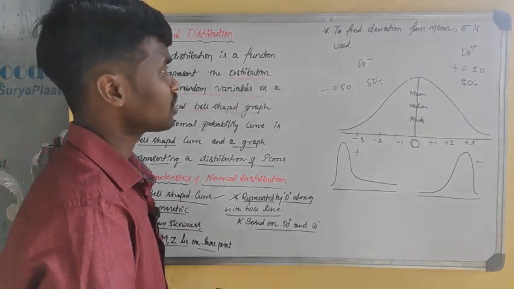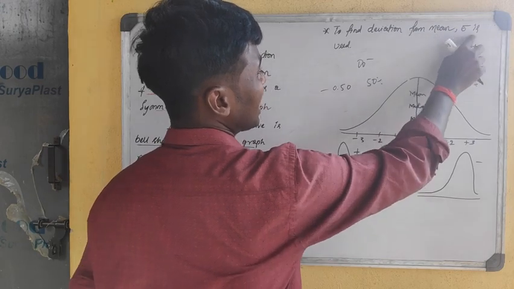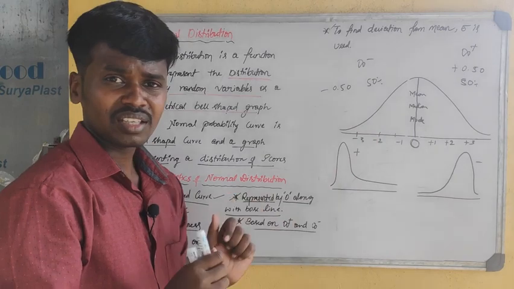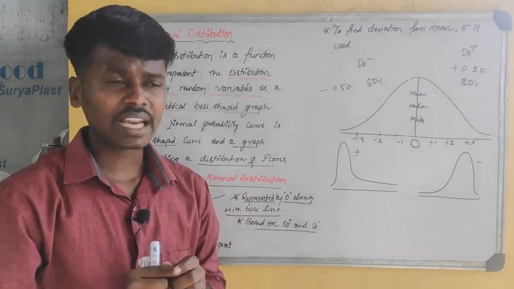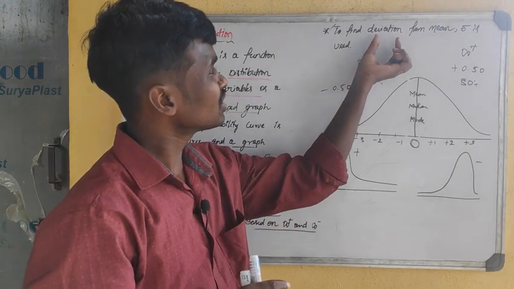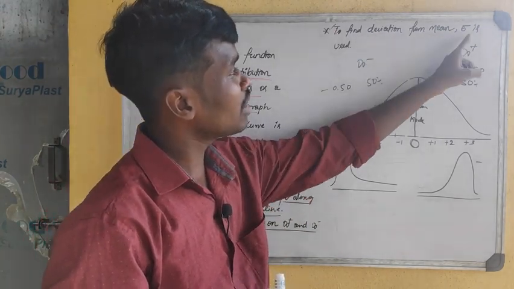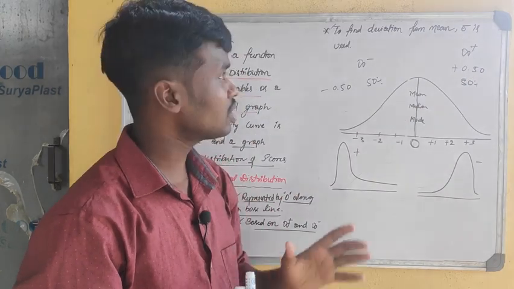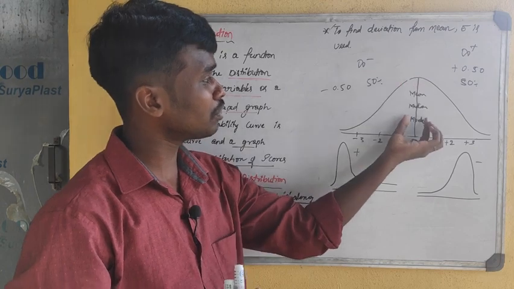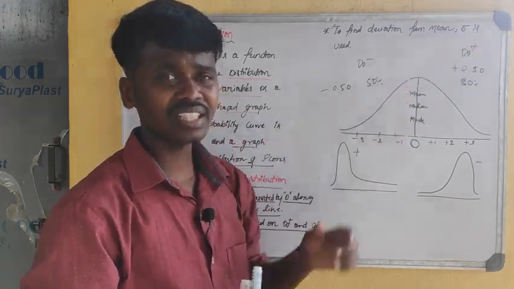Okay, next, to find out the deviation from the mean, standard deviation can be used. So based on the normal distribution, to calculate the deviation from the mean value, we are going to use the standard deviation.